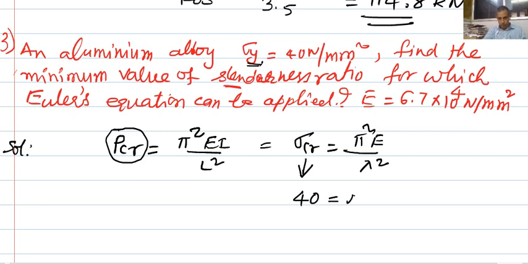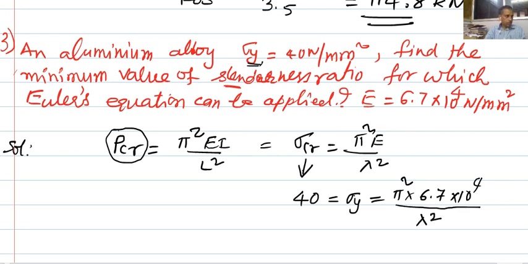This must be equal to sigma y, this equals pi square E by lambda square. We can substitute the value of E equal to 6.7 into 10 power 4 divided by lambda square. So, I can work out the lambda square, right.